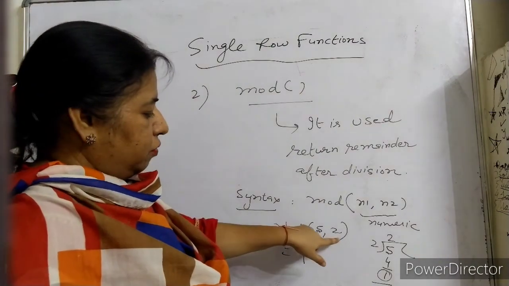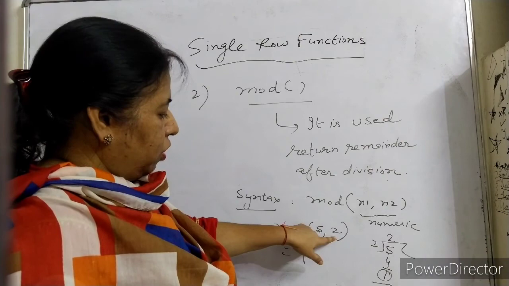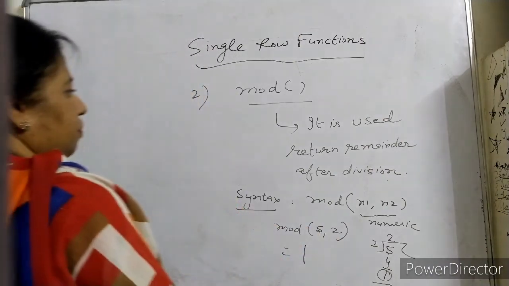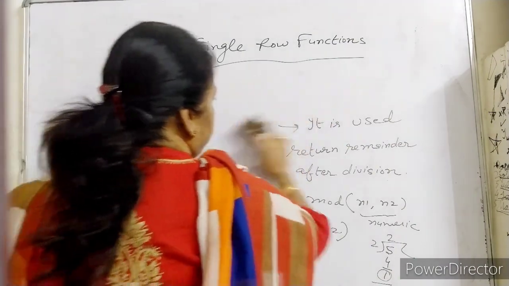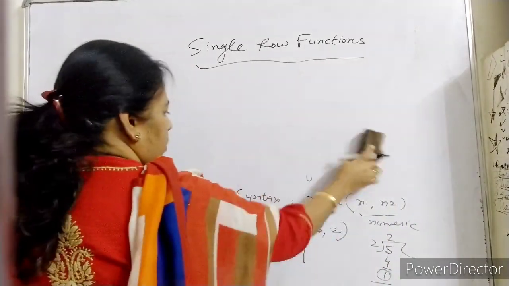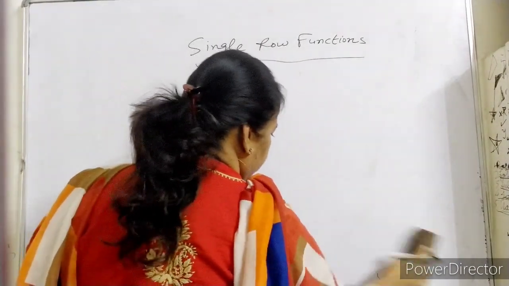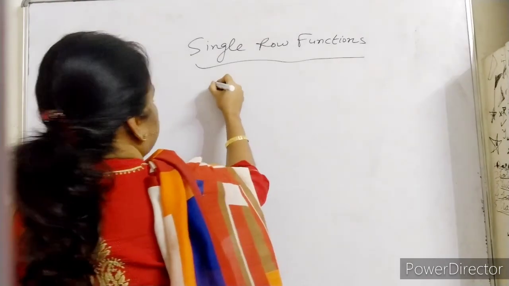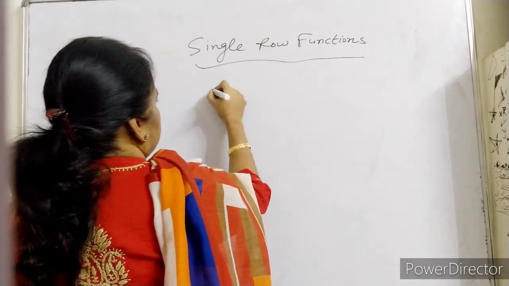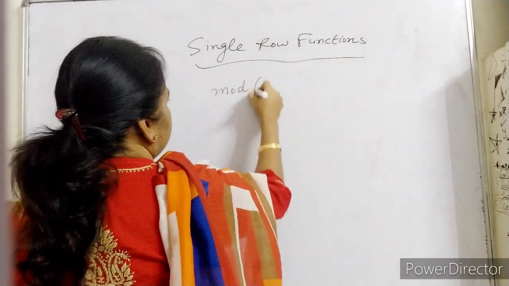Write here the number and here you will write the divisor. It divides the number and returns the remainder after division. Clear? Next is one more example I want to take, mod.